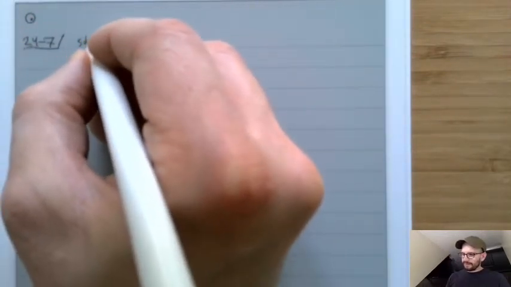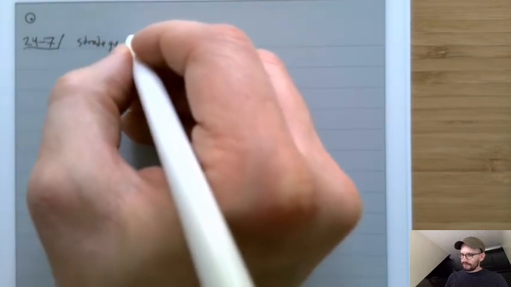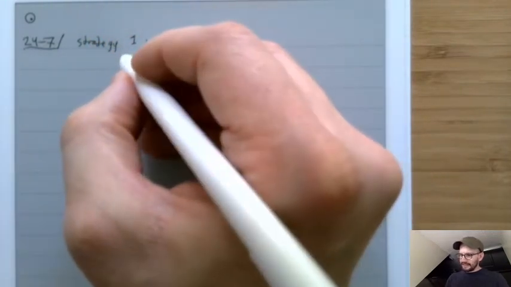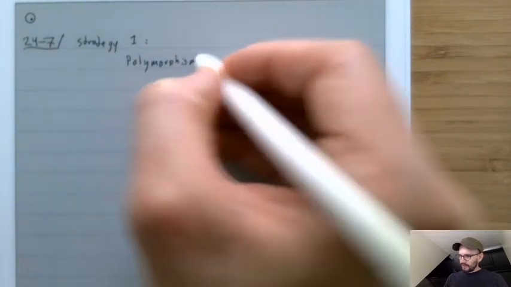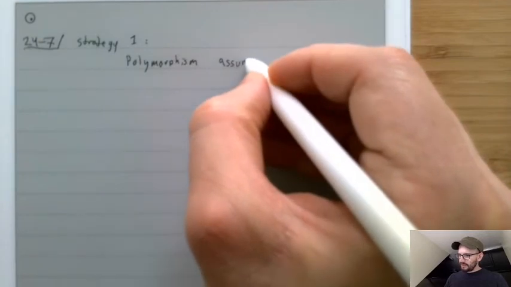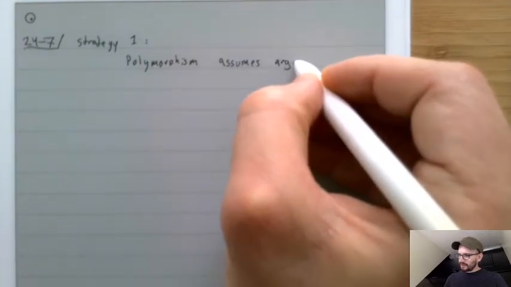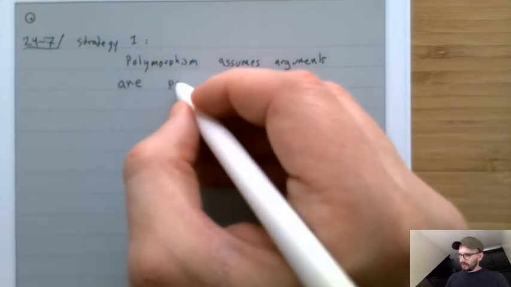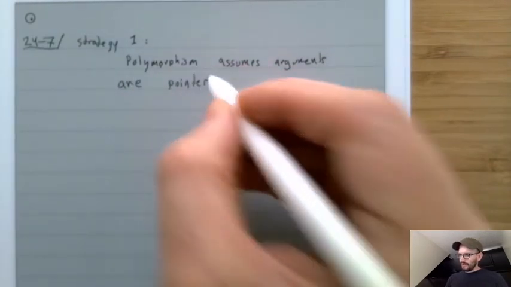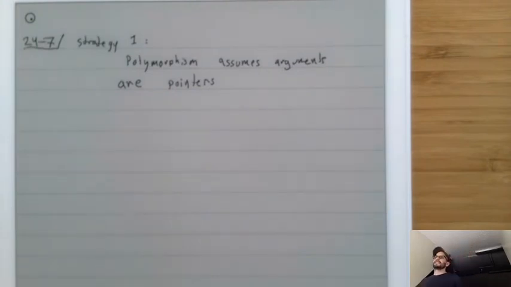Strategy 1: polymorphism assumes arguments are pointers. The reason why it assumes that they're pointers is that if we assume that they're pointers, then that means that they are word-sized, and that means that no matter what the object is, the pointer to it will be the same size.